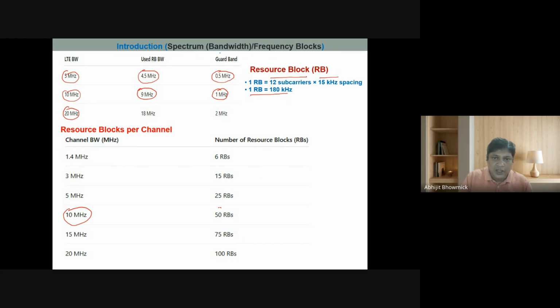There are 50 resource blocks. So 50 into 180 kilohertz becomes 9000 kilohertz, that means 9 megahertz. Which is already mentioned here: 9 megahertz is for transmission, and the remaining 1 megahertz is kept for guard band purposes.